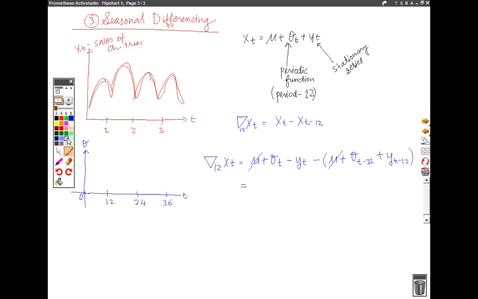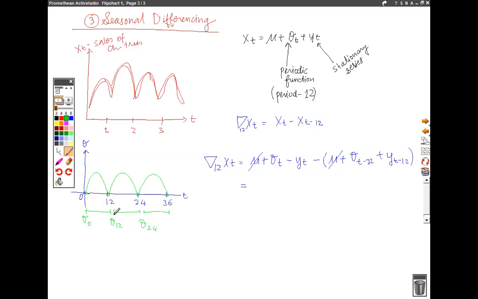If I try to plot my theta now, the kind of graph I should be expecting is one where I get the same values of theta for each of these periods. So I might observe something like this. For each period, the kind of values my theta takes is the same. Here, this is my theta_0, this is my theta_12, this is my theta_24.